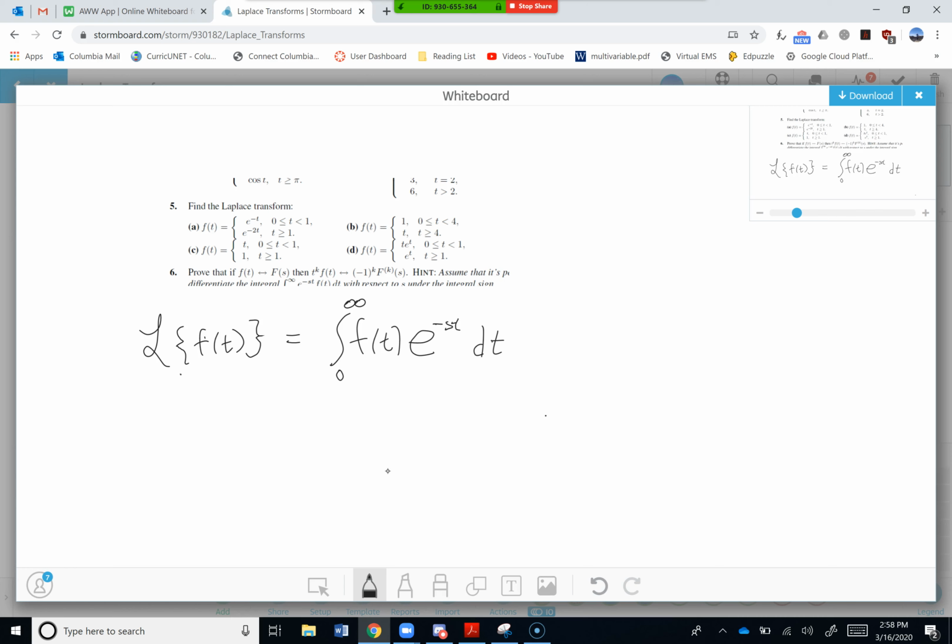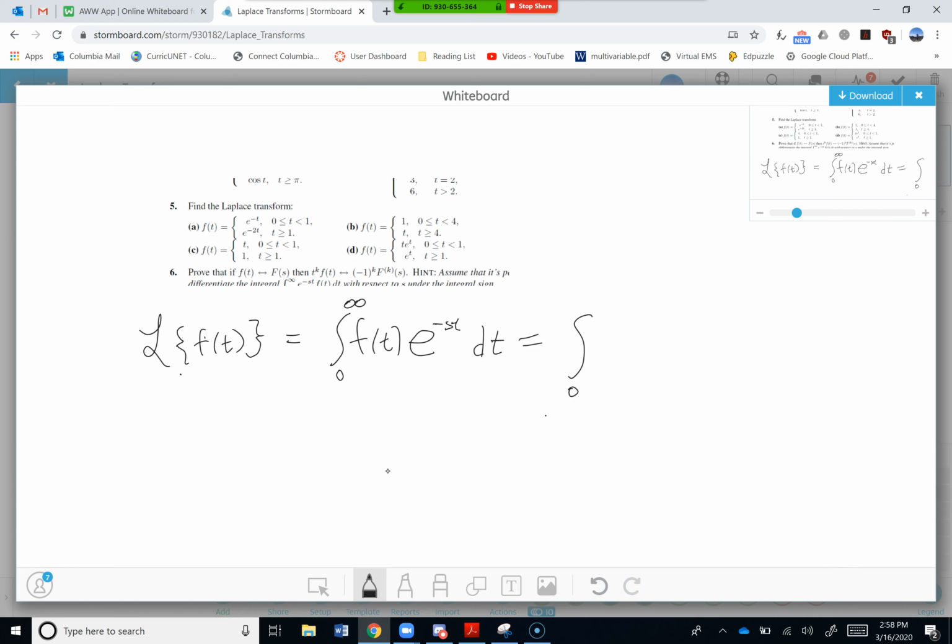Yeah, so the definition of the Laplace transform is the integral from 0 to infinity of f of t times e to the minus st dt. Now, the problem with my f in this case is that it's kind of oddly defined, right? So let's split it into the two pieces that it's defined on.